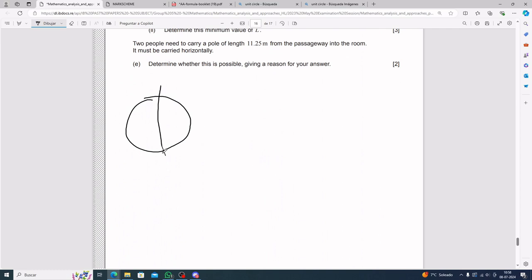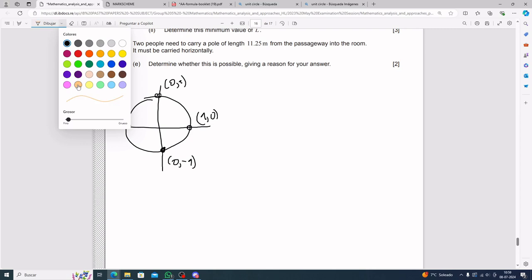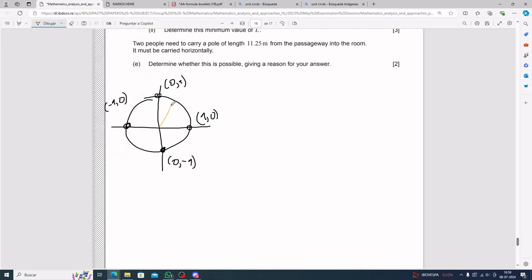In my unit circle, you have here the point 1 comma 0, here the point 0 comma 1, here the point negative 1 comma 0, and here the point 0 comma negative 1. So we just established that pi divided by 3 as an angle is right here.